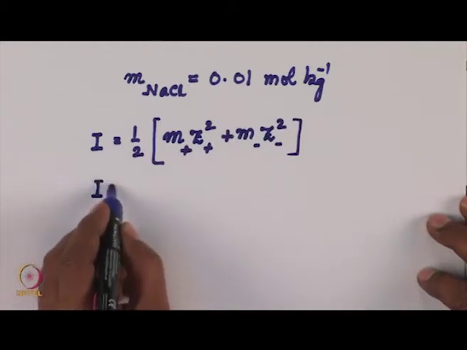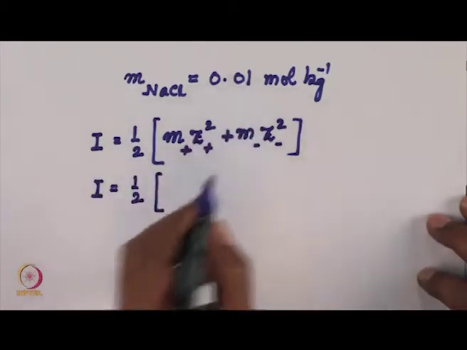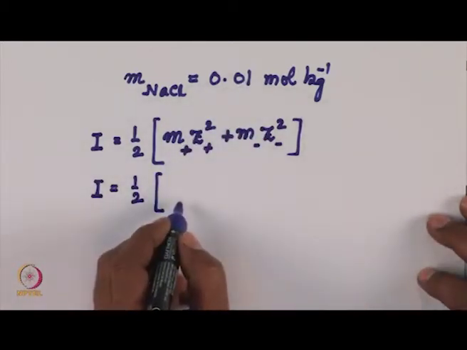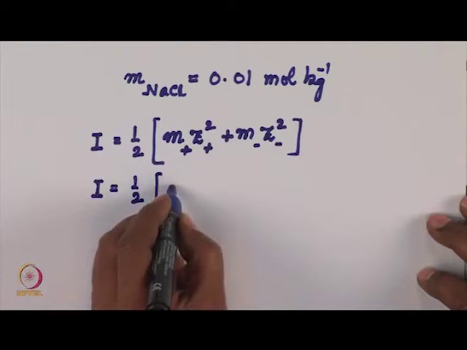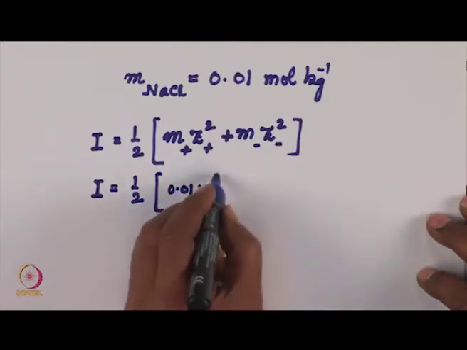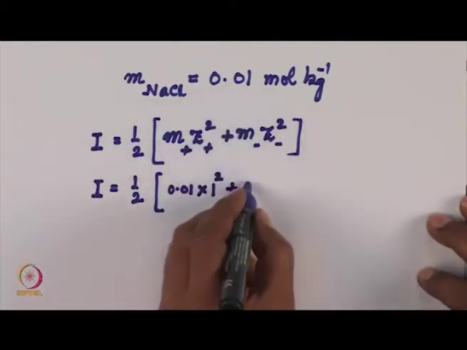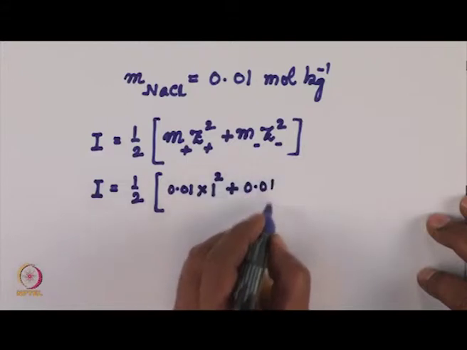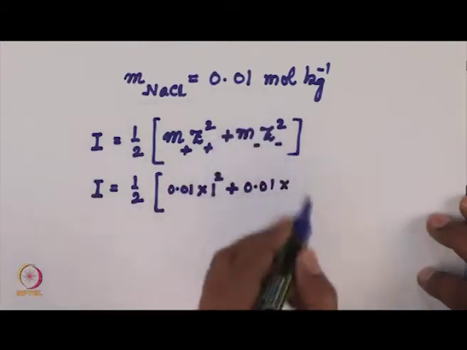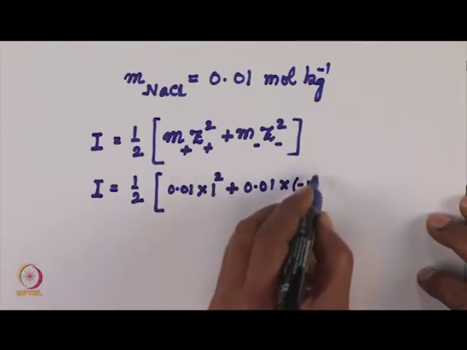I is equal to half, M plus is 0.01, into the charge on the sodium ion, which is 1 plus. The concentration of the chloride ion is also the same, since it is a 1:1 electrolyte, 0.01, and minus 1 square is also 1.